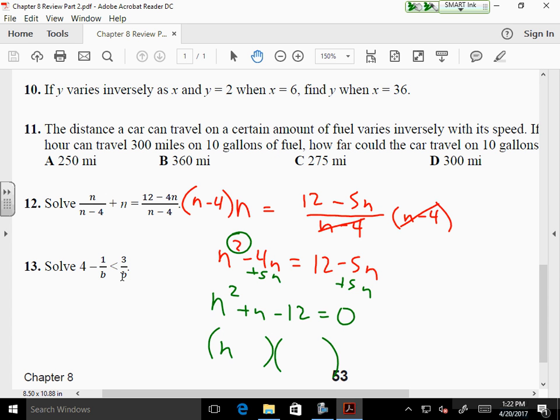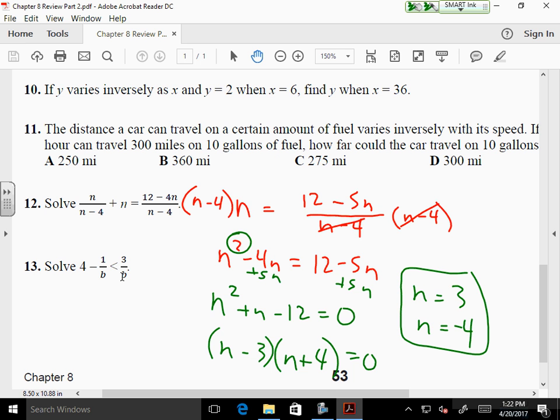That factors into n minus 3 times n plus 4 equals 0, which means n equals positive 3 or n equals negative 4. Those are the numbers that would cause you to get 0.